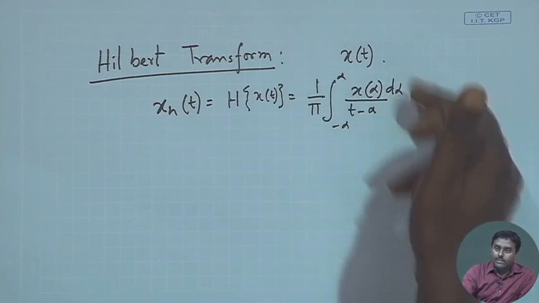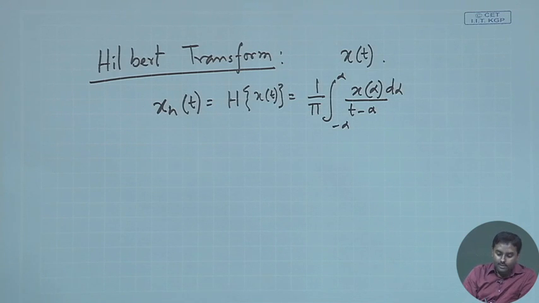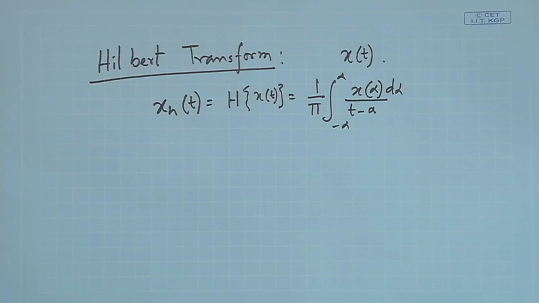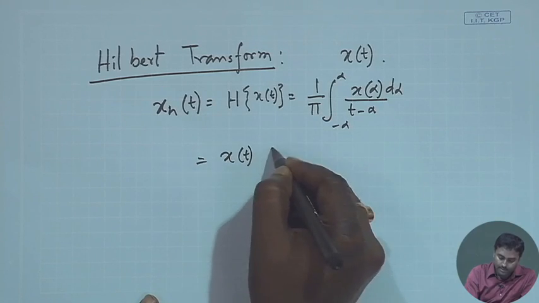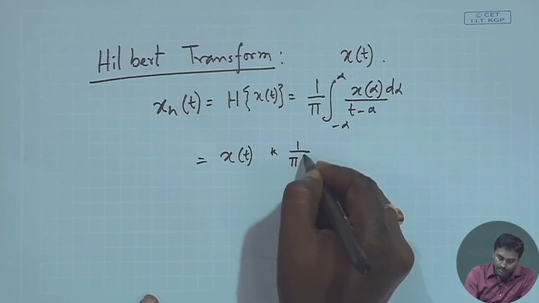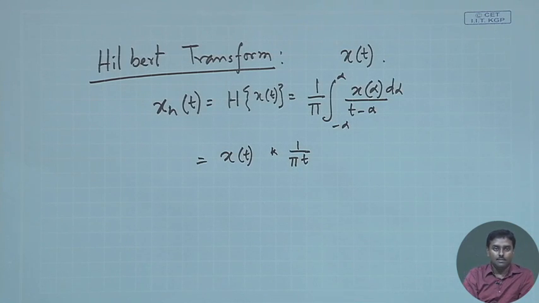If you try to see what this is, it is almost like a convolution. We have already defined what convolution is. Suppose I want to convolve m1(t) with m2(t), we have already defined that: you need to get m1(tau) and m2(t minus tau) d tau, and integrate from minus infinity to plus infinity.